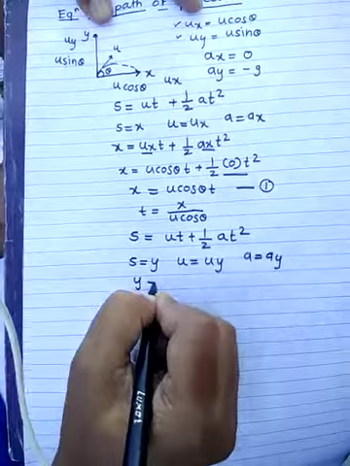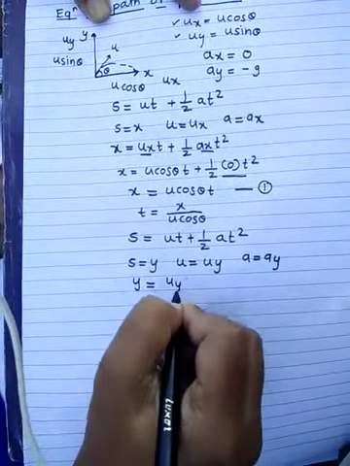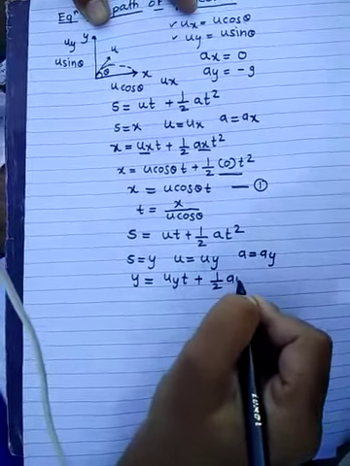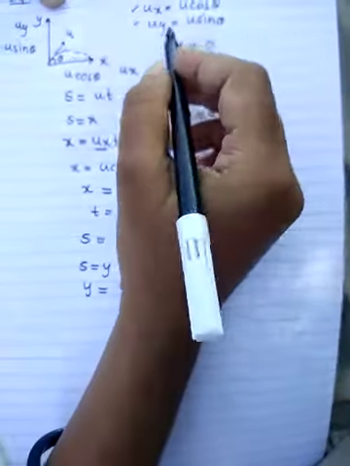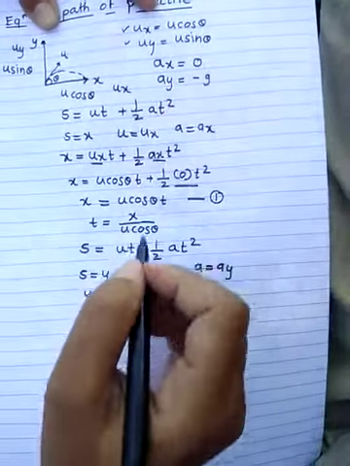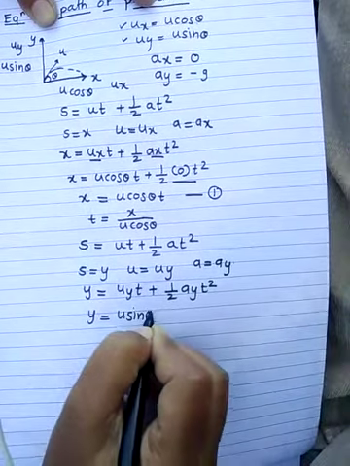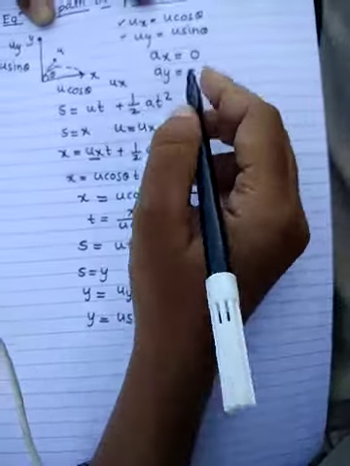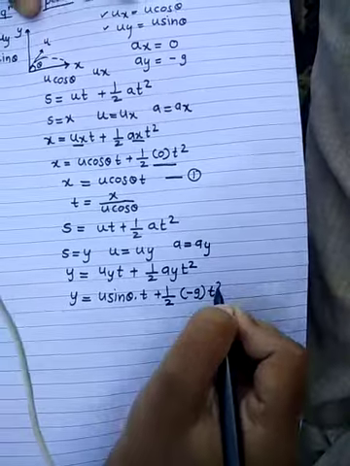So y equals uy t plus half ay t square. Now uy is u sin theta, so y equals u sin theta into t plus half, ay is minus g, t square as it is.